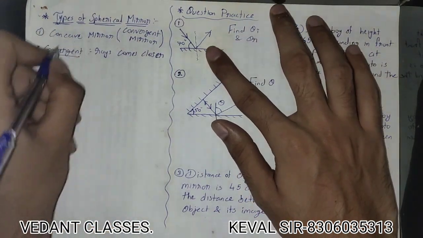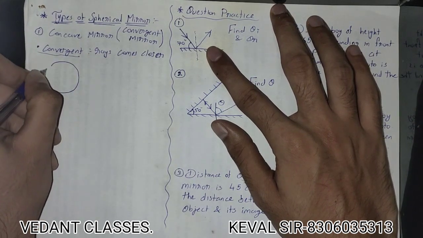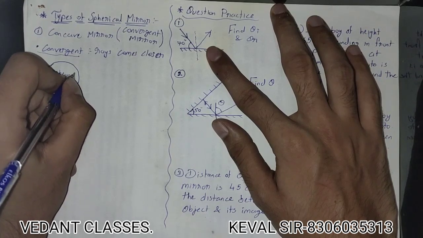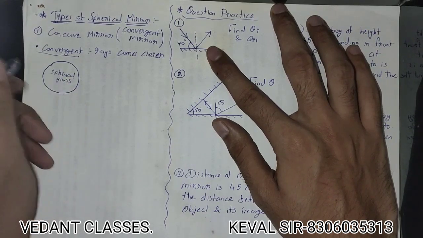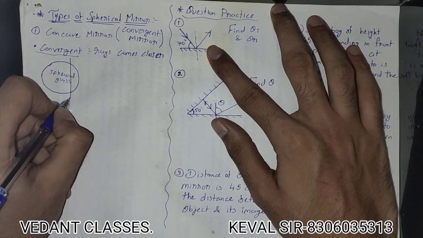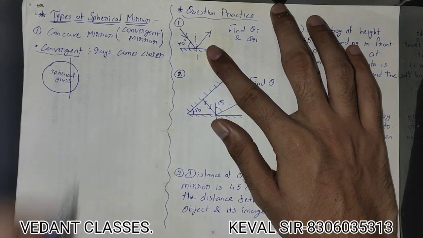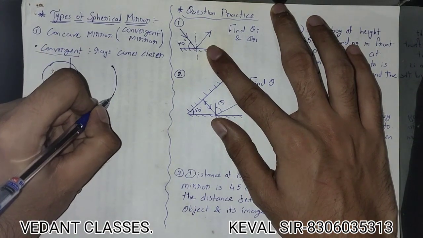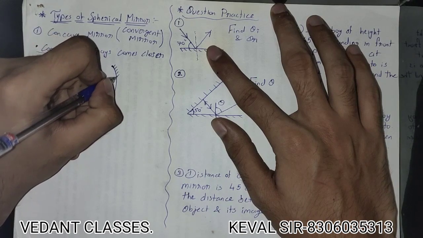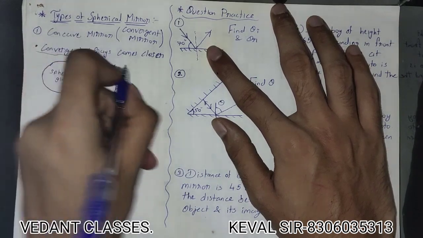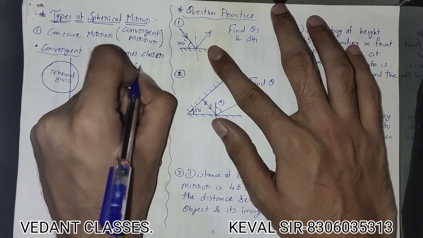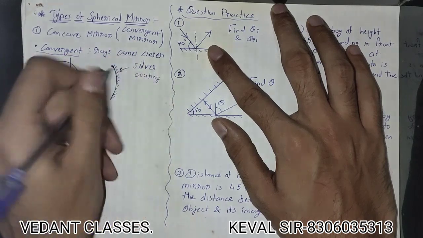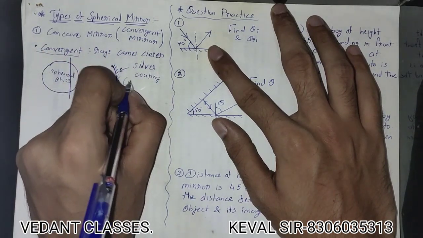So how does it form? Consider a spherical glass ball. If you cut a part of the glass from this, then it will be like this. Now if you apply the silver, it is called silvering of the mirror. We apply the silver coating on the outer part.